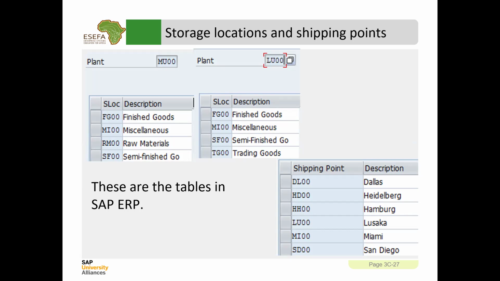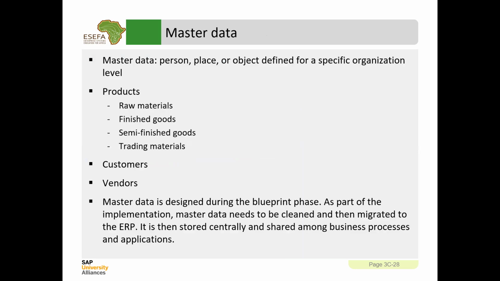For Lusaka, you see finished goods, miscellaneous, trading goods, and semi-finished goods. If you click any of these, it takes you to a set of tables that give more information about them: their numbers, their descriptions, and other information like their price value that are stored centrally in the system. So those are organizational data.